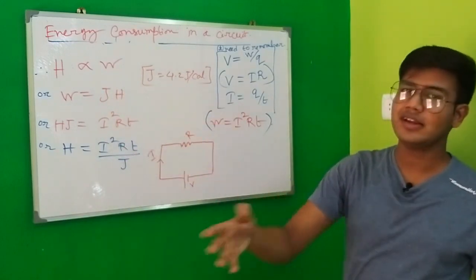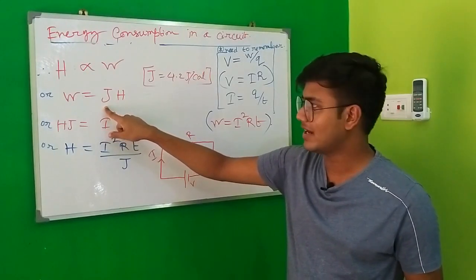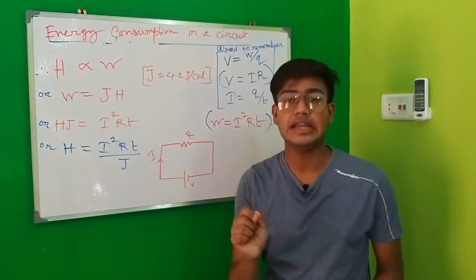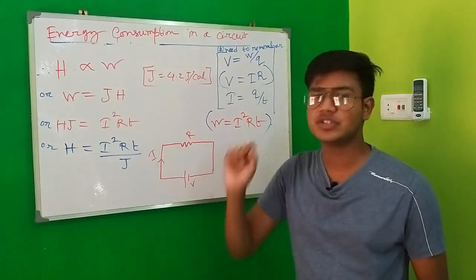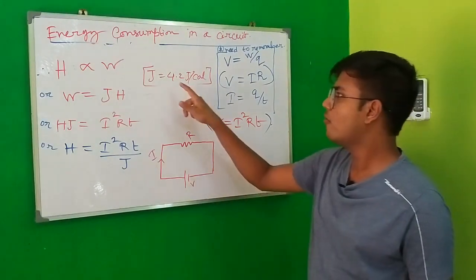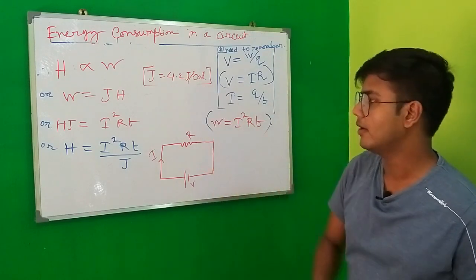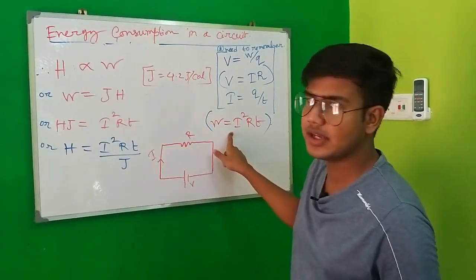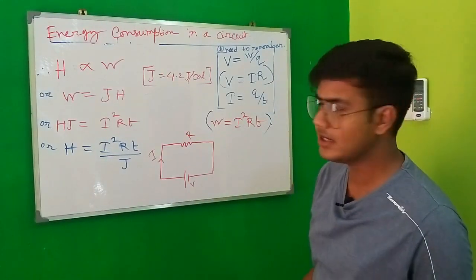To make it equal, you need a constant factor, capital J, known as Joule's equivalent, and its value is 4.2 joule per calorie. Just remember it. After putting W equal to JH in this equation, you get JH equal to I square RT. Very simple.